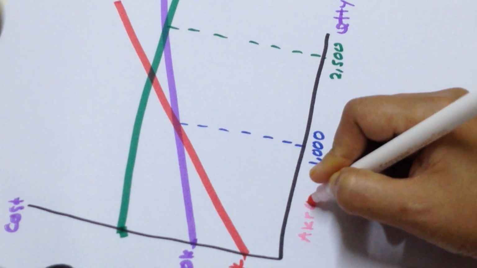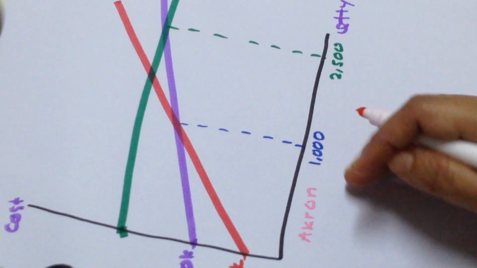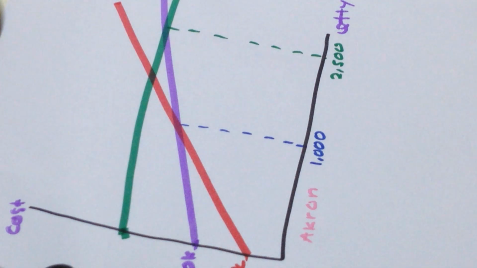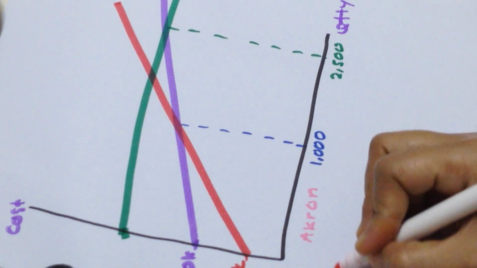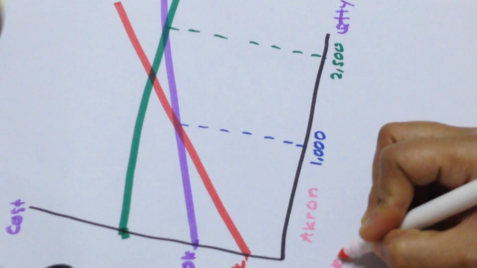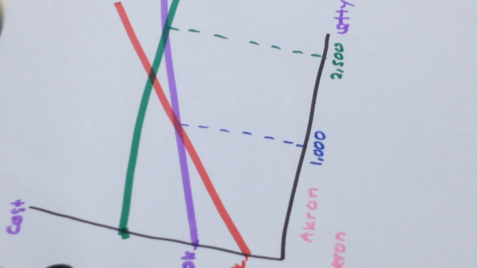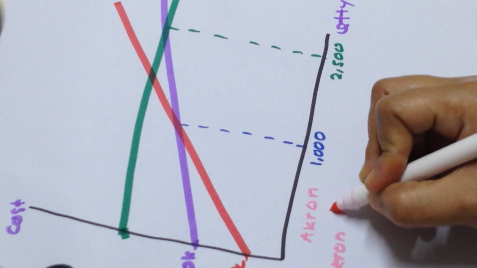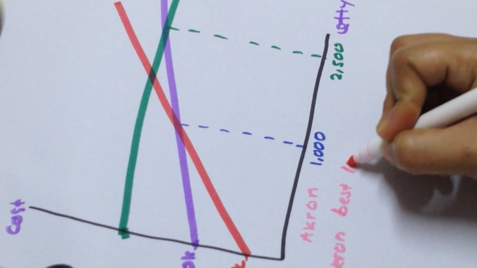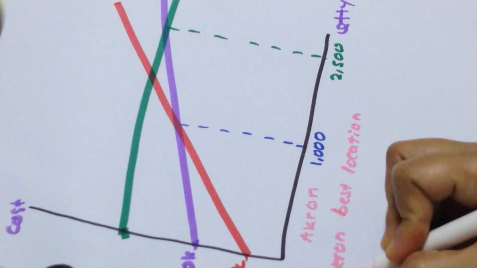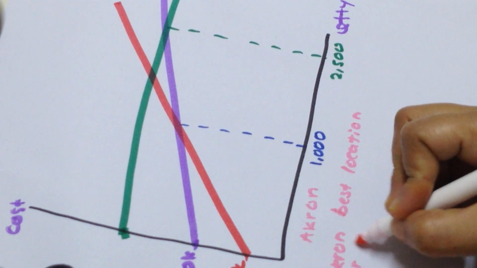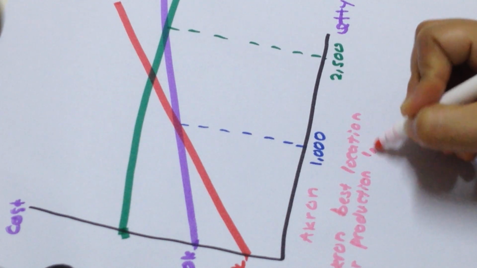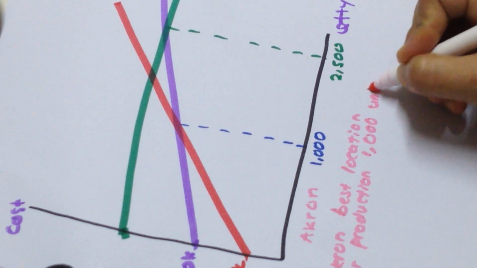Akron is the best location for production at 1,000 units and below.